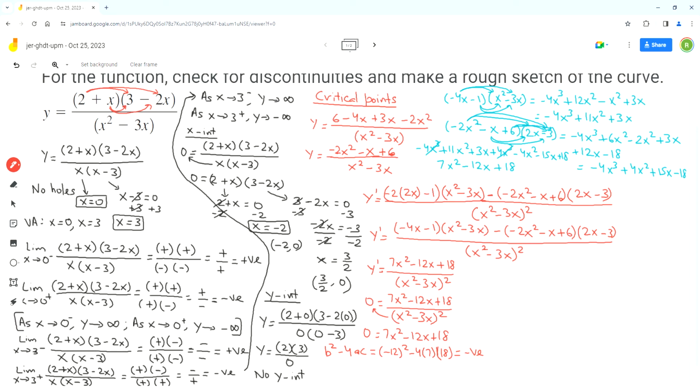That means this quadratic equation has no solution. That means there are no x values at which y prime is equal to 0. So there are no critical points at y prime equals 0.